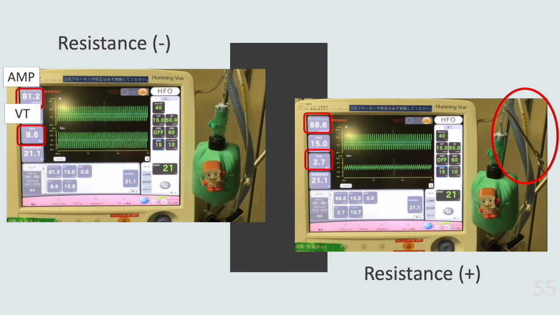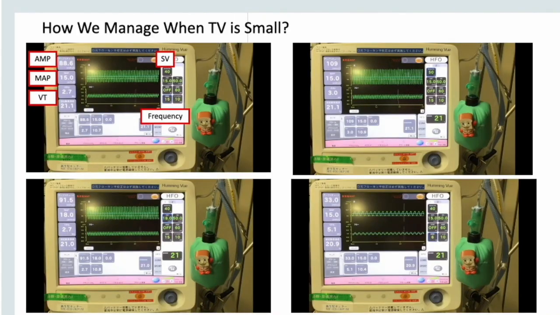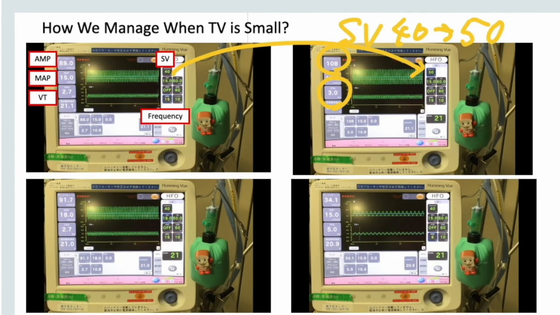So how do you actually change the ventilator settings when the target tidal volume is not reached? One way to do this is to increase stroke volume, which increases the pressures supplied by the ventilator, resulting in an increase in tidal volume.